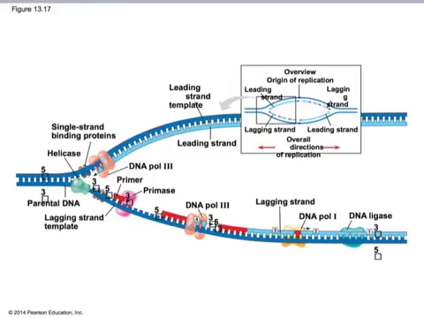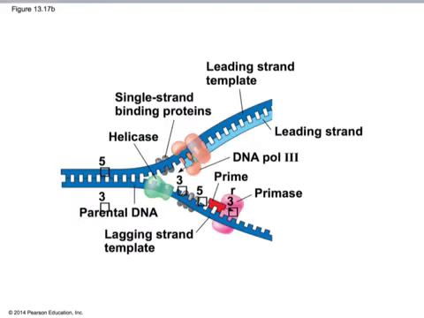While on the lagging strand, primase puts down RNA primer at even spaces, and DNA polymerase synthesizes new DNA. That RNA is removed by DNA Pol 1, and ligase joins the fragments together. Eventually, you end up with 2 complete new copies of the DNA, which is semi-conservative DNA.